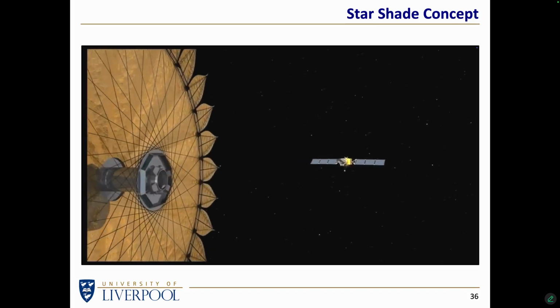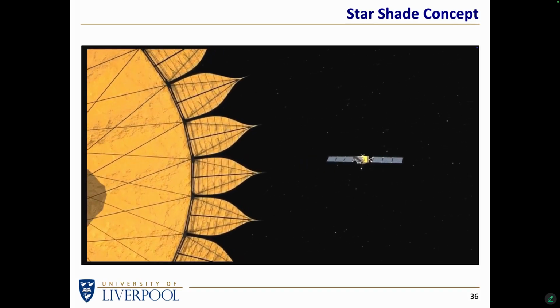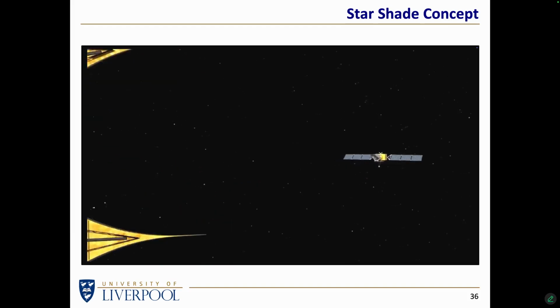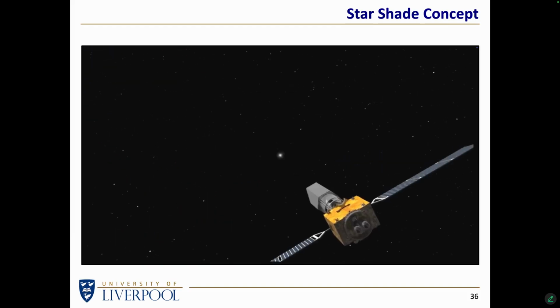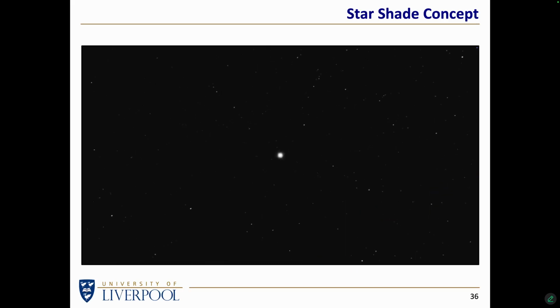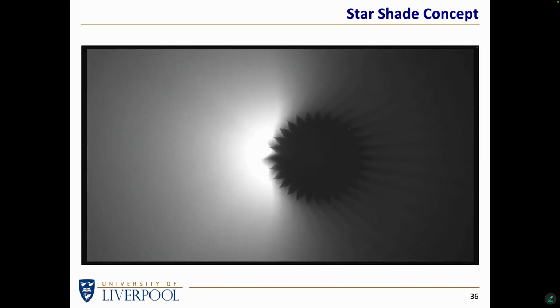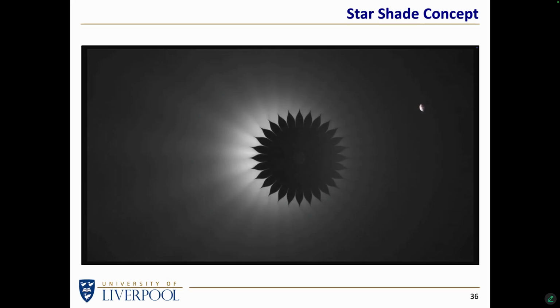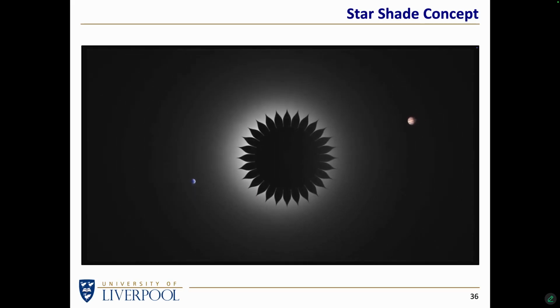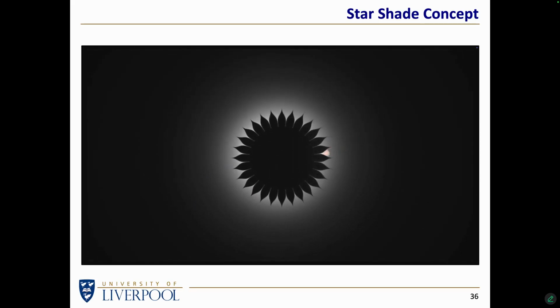And then they will fly this occulting disk a long way from the telescope, 50,000 kilometers away, such that it will be far enough away to block the light of the star, but allow us to see the planets that are orbiting that star. This, of course, will need a very careful choreography to make sure that everything is lined up accurately.